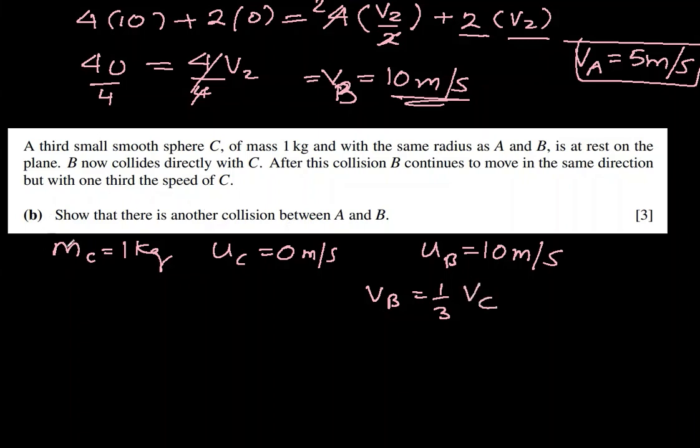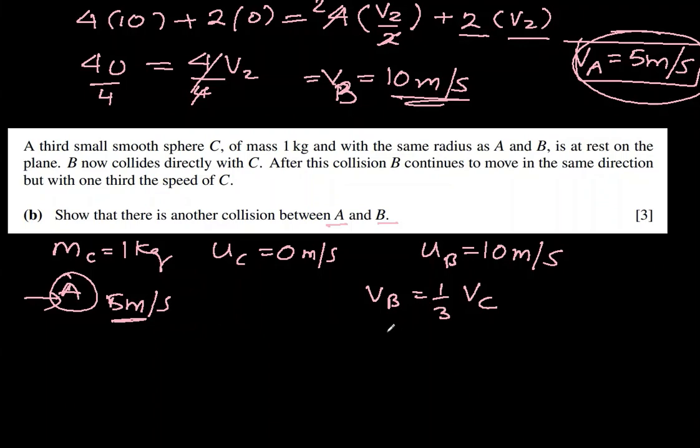Show that there is another collision between A and B. Mind it, A is still moving with 5 meters per second, which was not asked in the previous part, but we should keep in mind that the body A is still coming towards them at 5 meters per second. That means it will collide with B if B moves slower than this speed, so that A becomes faster and collides with B, which is slower.